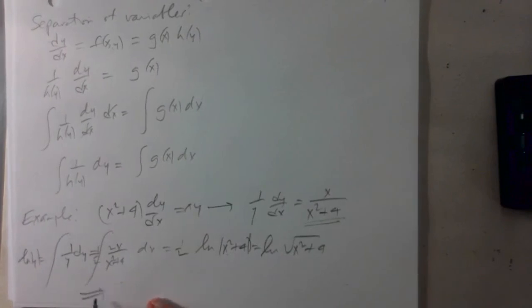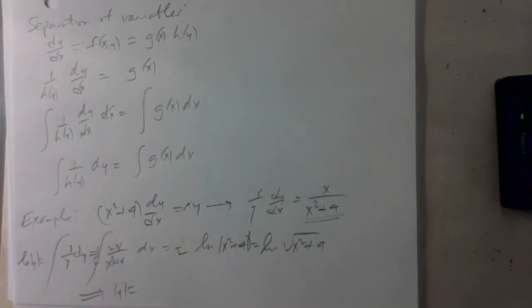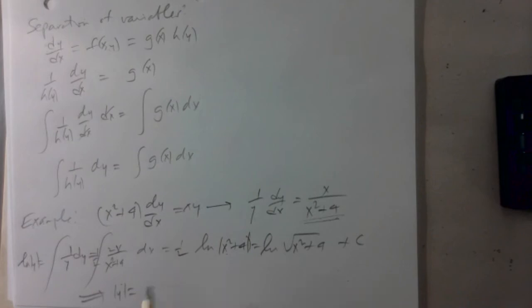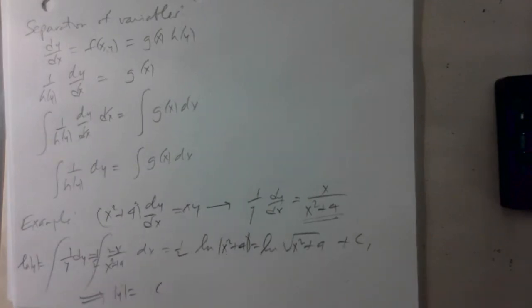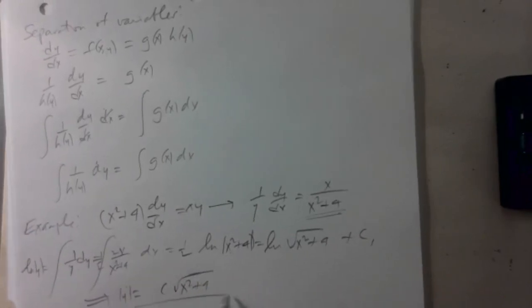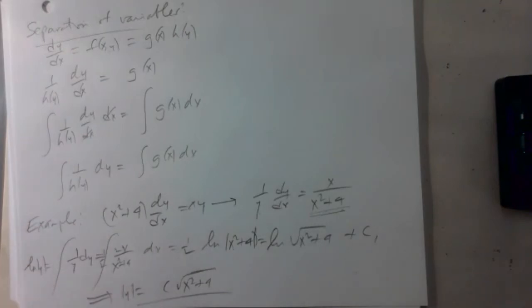So the absolute value of y is, plus a constant, when I exponentiate, I get y equal to c times the square root of x squared plus 4. And I can just write y because c can be positive or negative. So this is the technique of separation of variables in ordinary differential equations.